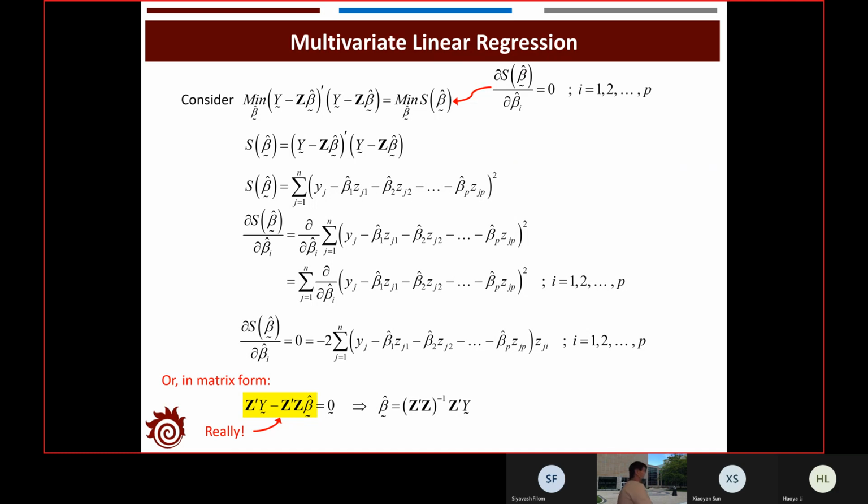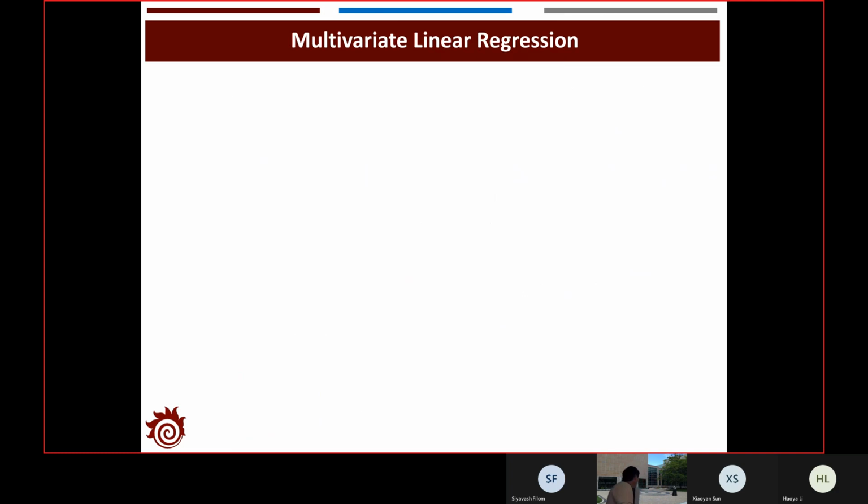So you can use your sample data to estimate the parameter values. This is one of the most important equations you need to know about the calibration of the multivariate linear regression. It can be applied for any number of variables, from 1 to 100 or even more.